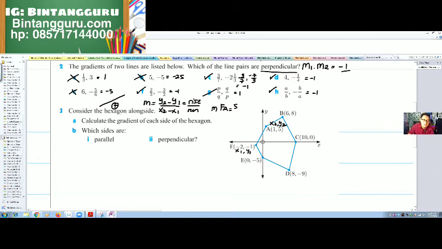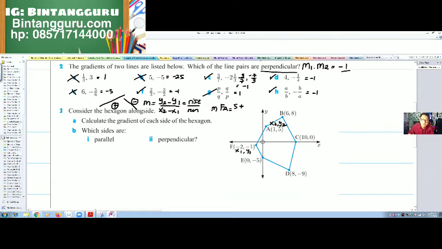However, if it is going down, the gradient should be negative. You can check whether your answer is correct by looking at the behavior of the line. If it is going up, the gradient will be positive. If it is going down or decreasing, the gradient will be negative. In this case, the line is going up, so it should be positive.